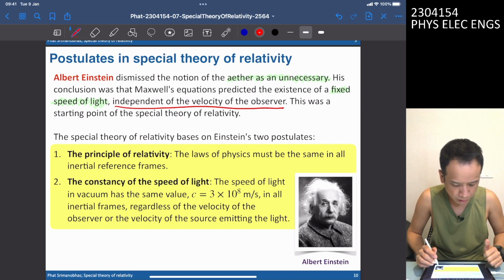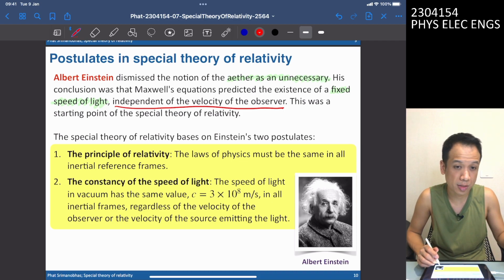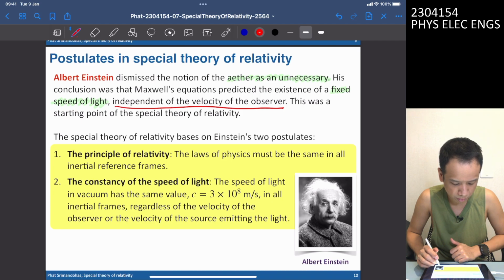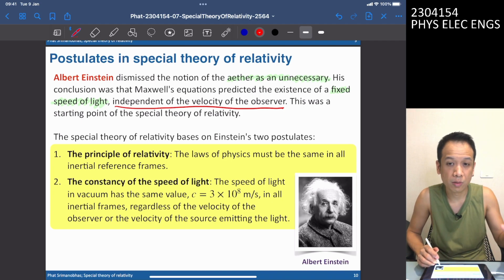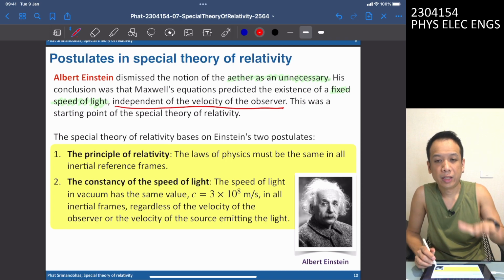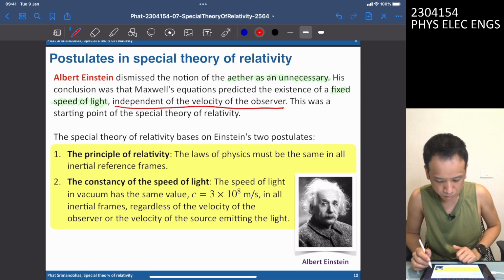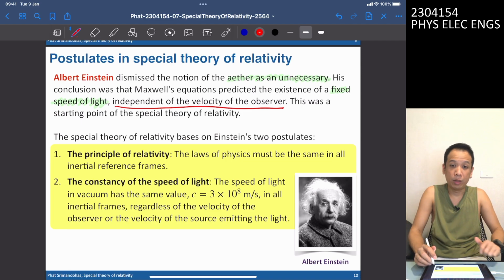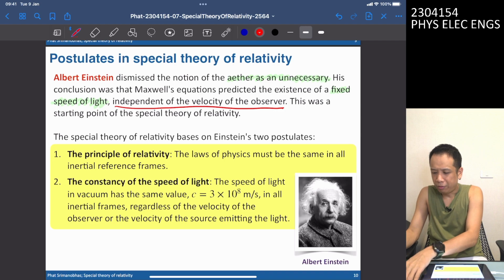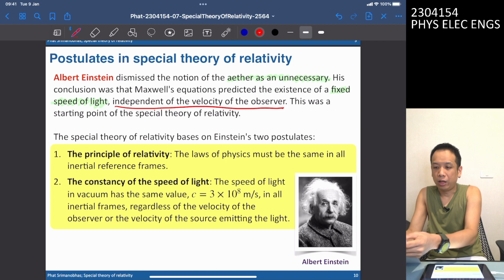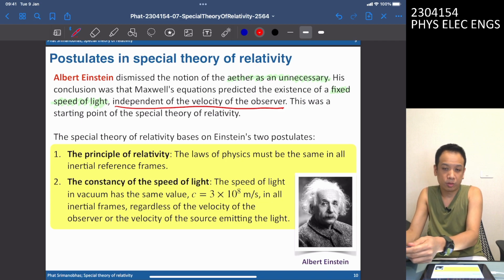The second one is the constancy of the speed of light: light has a constant speed, 3 times 10 to the 8 meters per second, in all inertial frames, regardless of the velocity of the observer. Observers in all frames can measure the speed of light and will get exactly the same value. This is from Albert Einstein. But after he published this, a few years later, he accepted that this is also a result of the Lorentz transformations.